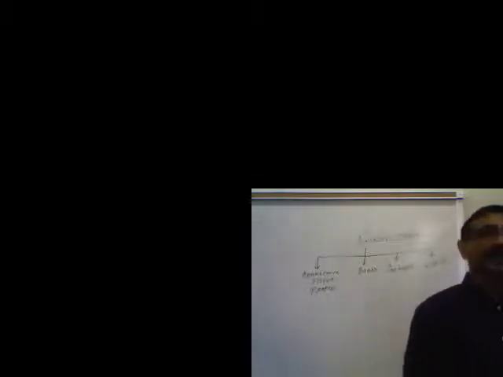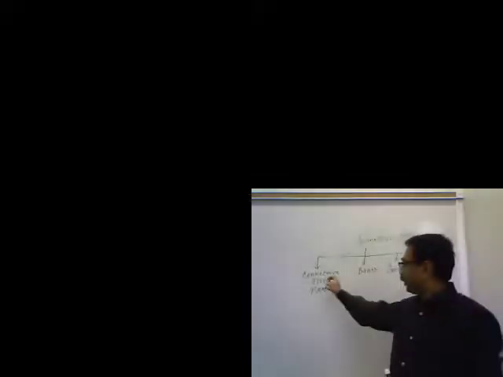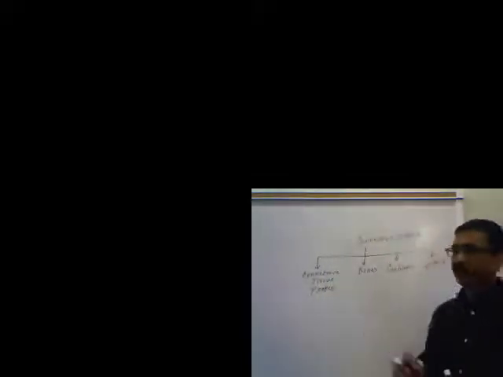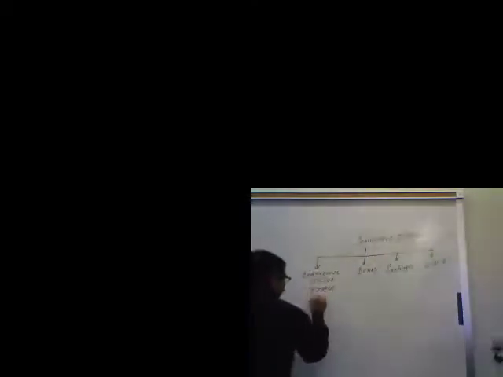So this is how first we divide the connective tissue into connective tissue proper, bones, cartilages, and liquid. Connective tissue proper is two types. Loose connective tissue proper and dense connective tissue proper.